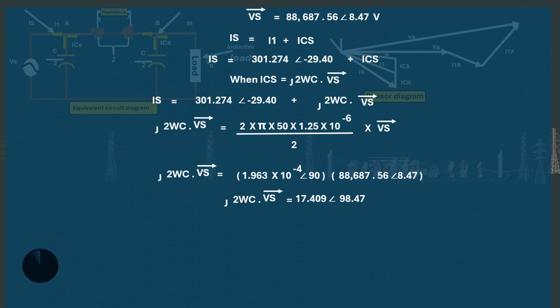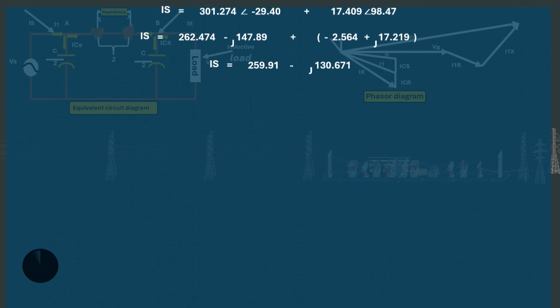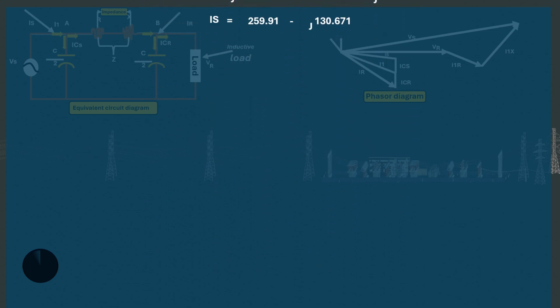Now we can add both together, but before that we need to convert from polar to rectangular form. So the summation of both is 259.91 minus j130.671. When converted from rectangular to polar form, our sending end current will be 290.99 amperes at an angle of minus 26.69 degrees.